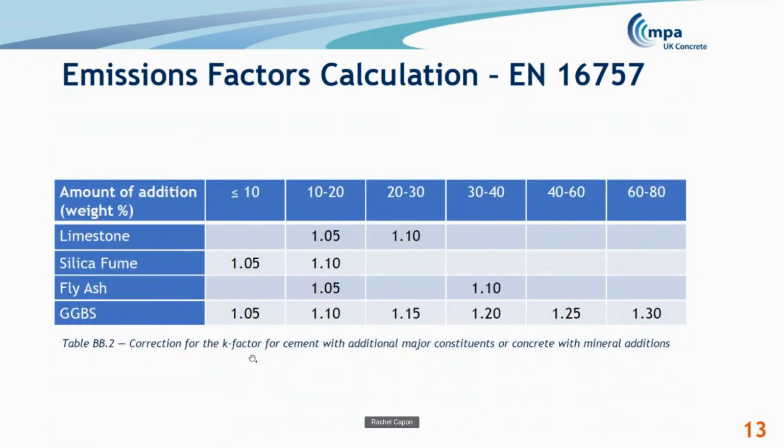This is for the secondary cementitious materials, so that the carbonation front just moves through the concrete a little bit more quickly. However, the overall CO2 uptake will be lower because we're only calculating the CO2 uptake on the basis of the CEM1 content, not on the basis of any SCMs.